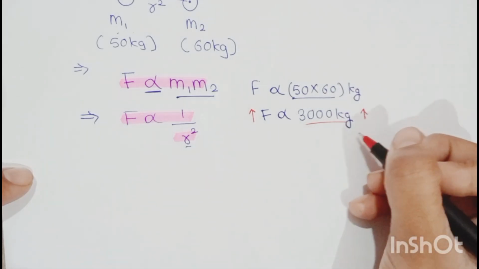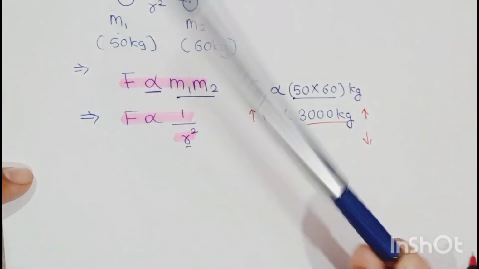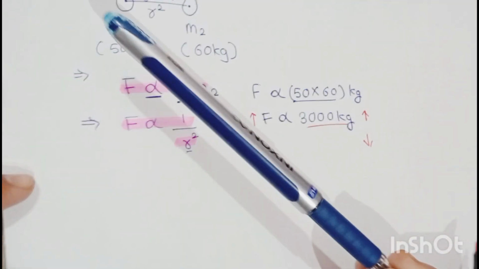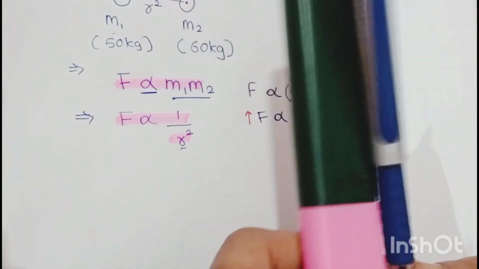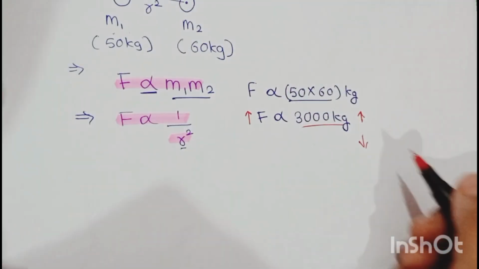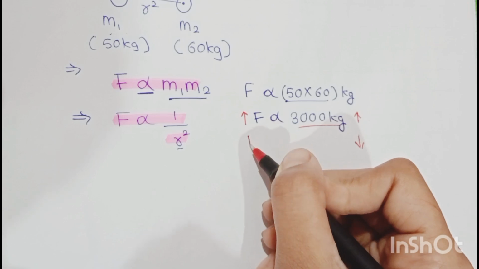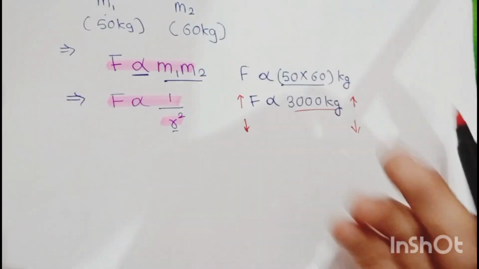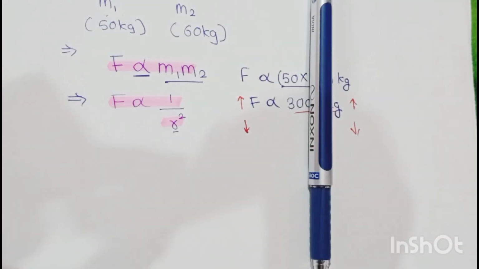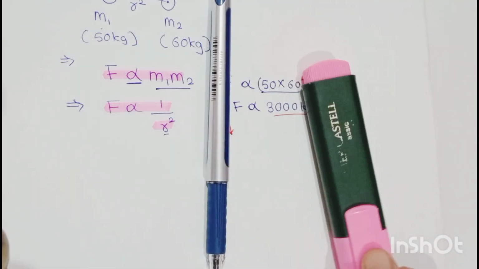But if the mass is low, for example this pen has a low mass compared to this highlighter, so I have two things to explain with. If the mass is low, then the force between those objects is also low. Now see, this is a pen and this is the highlighter.